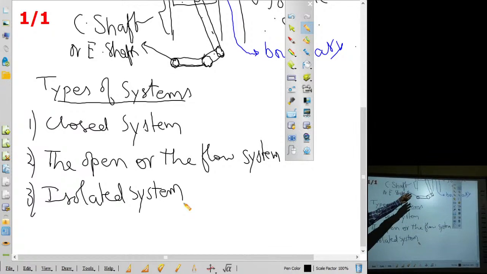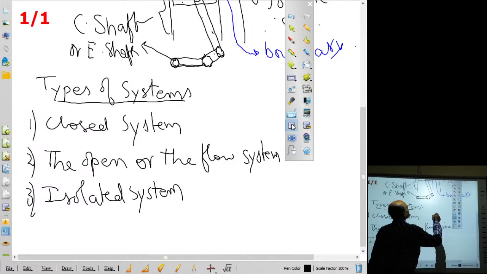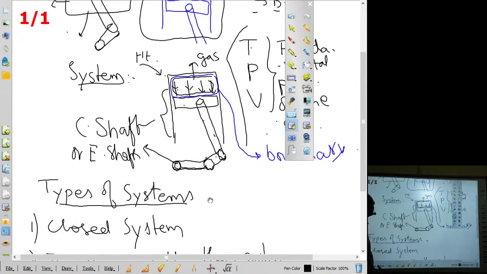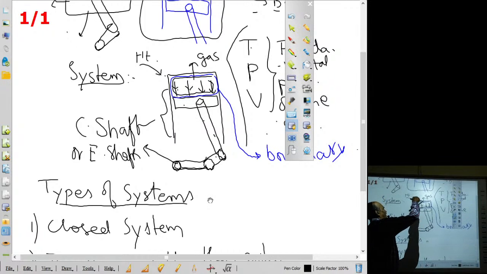The engine, the piston cylinder arrangement that we have studied is a closed system. The definition for a closed system is that only energy will go out. No mass will be coming out. Here you can see between the cylinder and the piston, it is a completely closed unit. Mass cannot go out.